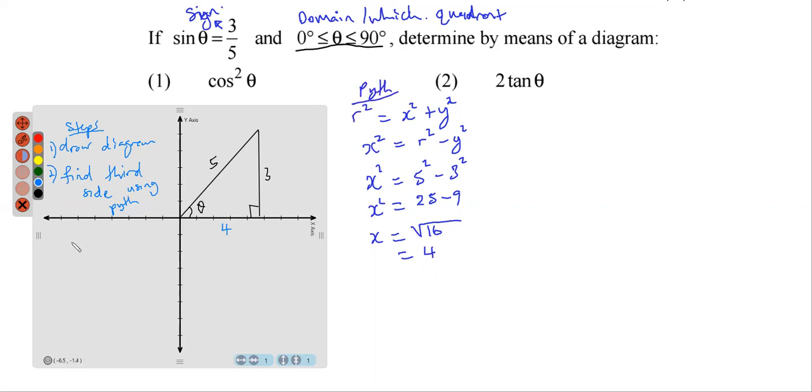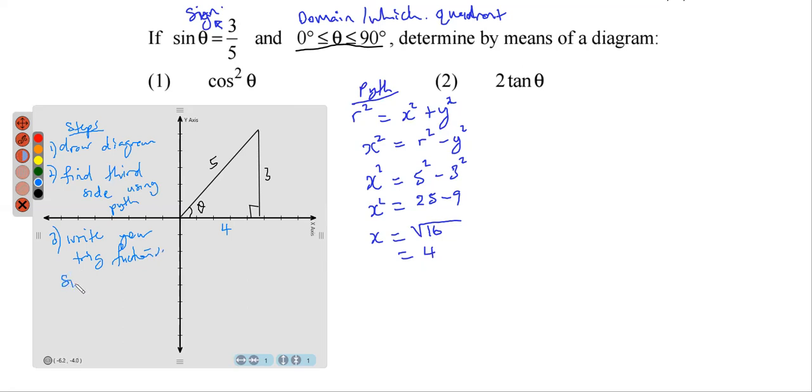Then the third step there is to write down your trig functions, right? We need to start with the sine theta.